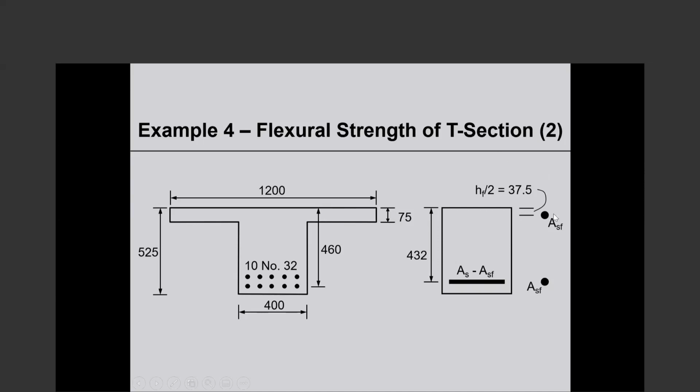We find a steel area that is equivalent to the overhanging flanges. You will see that calculation.